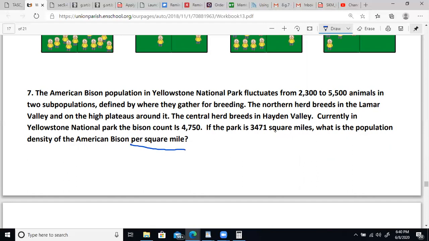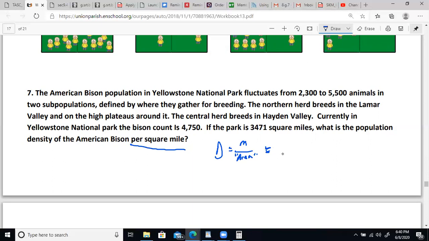Per square mile. All right. So in this case, when we're talking about population density, it's actually not mass over volume, it's mass over area, technically, because square miles is an area.